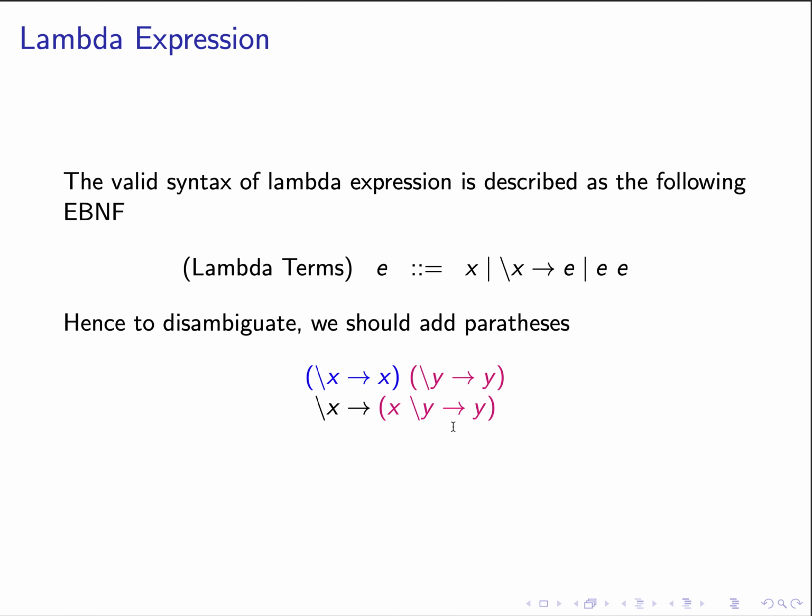In most languages, in the absence of parentheses, we assume that lambda abstractions take least precedence compared to function applications, which means that, for example, if we didn't include any parentheses here, the second parse is always preferred.